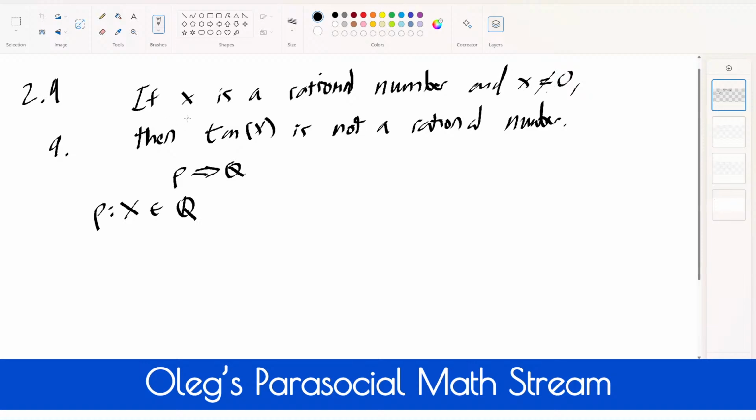And then we're going to say, comma, x is not 0. Okay, and then we're going to say, oh, okay, no. This is P implies not Q. This is what we're going to do.